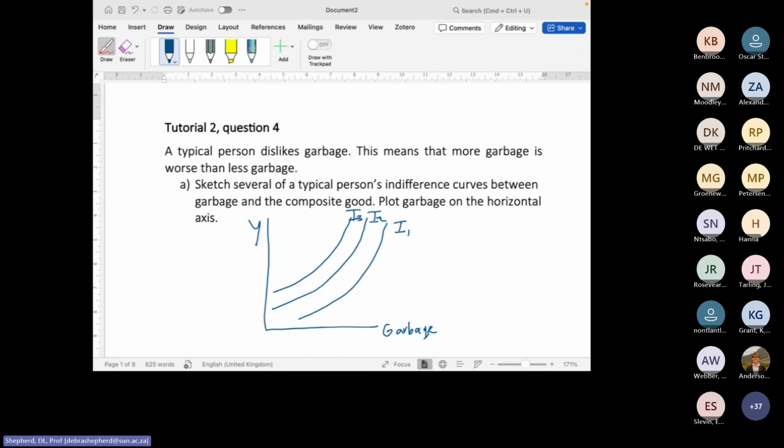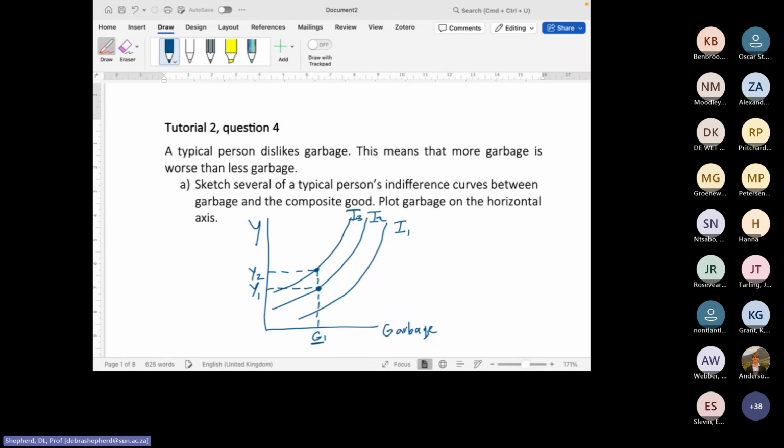So imagine that this person is currently consuming at this point on I2. So let's say for argument's sake, they're consuming G1 garbage and Y1 of the composite good. If they had to continue to consume the same amount of garbage, but more of the composite good, that should make them more satisfied because the composite good gives them positive utility.